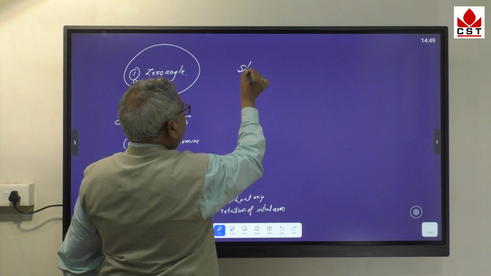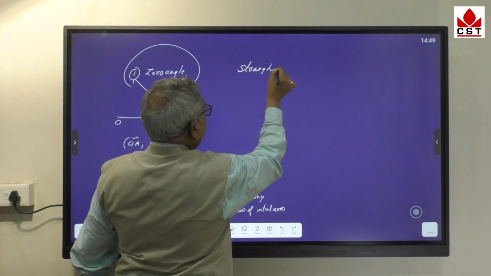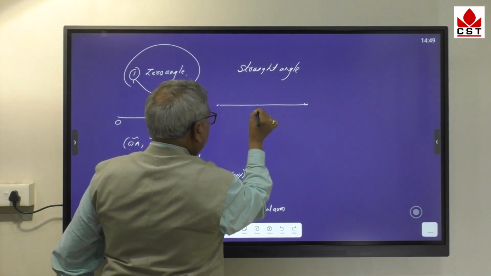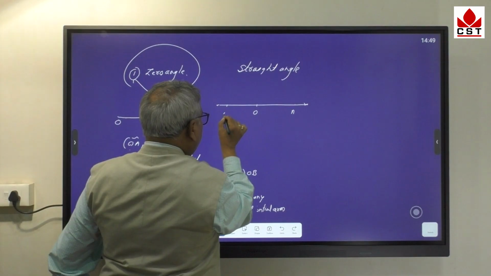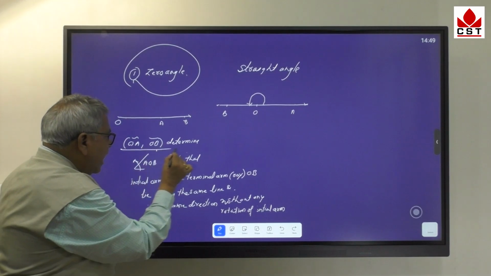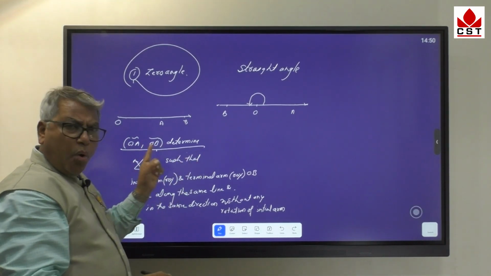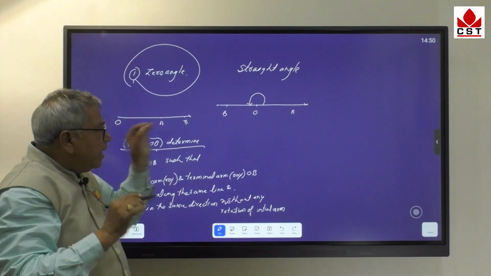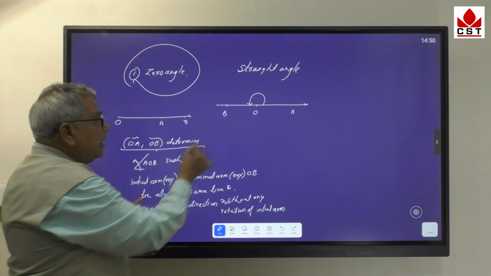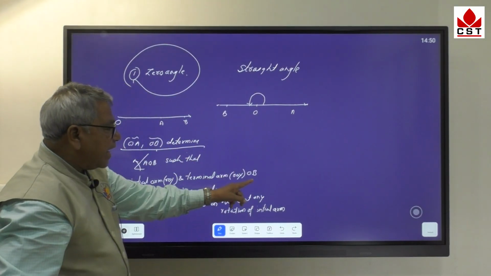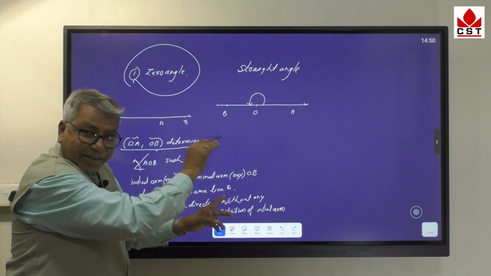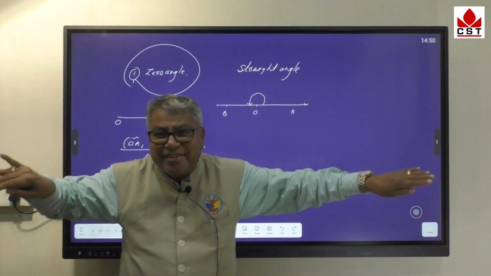A straight angle. Again, same language. Ray OA, ray OB determine directed angle AOB, as I have shown here, such that initial arm ray OA and terminal arm ray OB lie along the same line, but in the opposite direction.